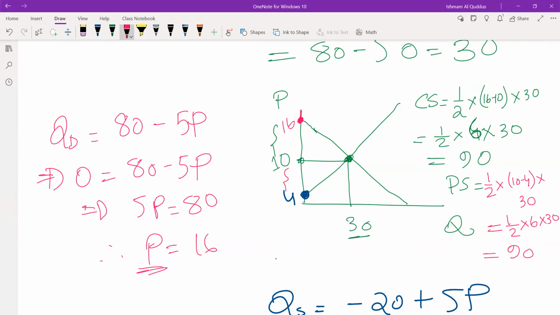So what about the total surplus? Now we know the total surplus is nothing but the summation, right? You just add the consumer surplus and producer surplus, and you will get the total surplus as well. So here total surplus would be 90 plus 90 equals to 180. Yeah, this is the total surplus.